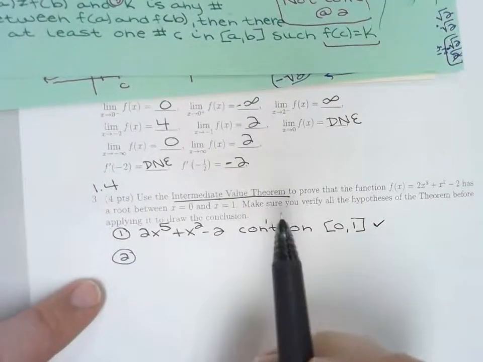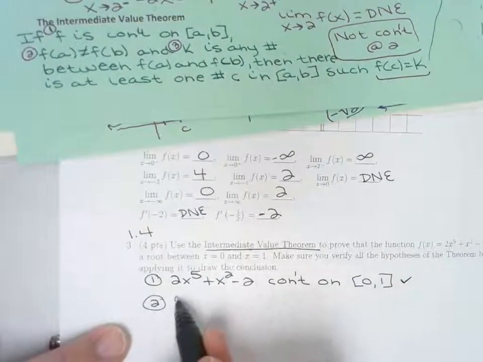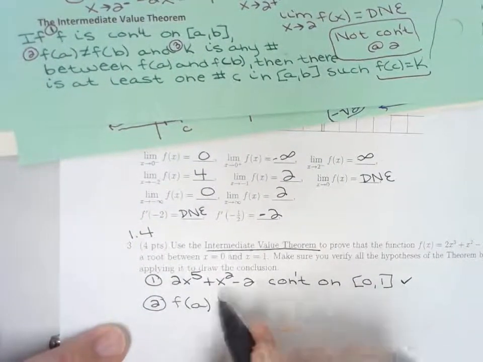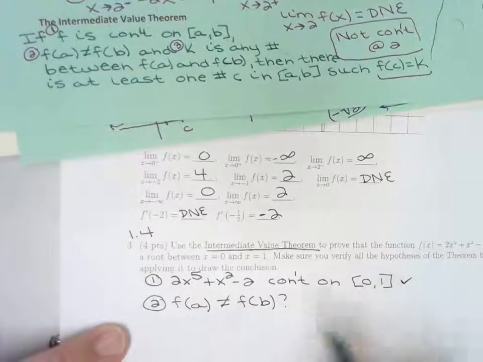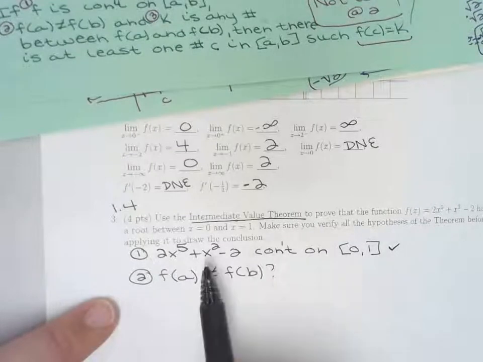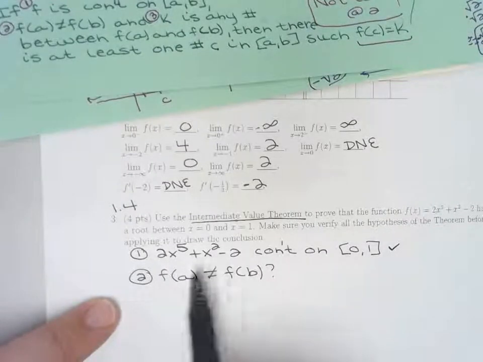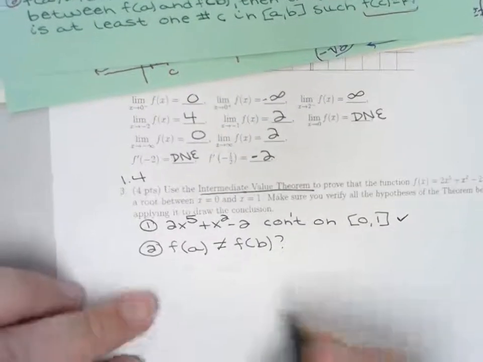Then we need to show f of a does not equal f of b. I'm just looking at the theorem. So f of a would be the left endpoint plugged into the function, and f of b would be 1 plugged into the function, so that's not too bad to check.